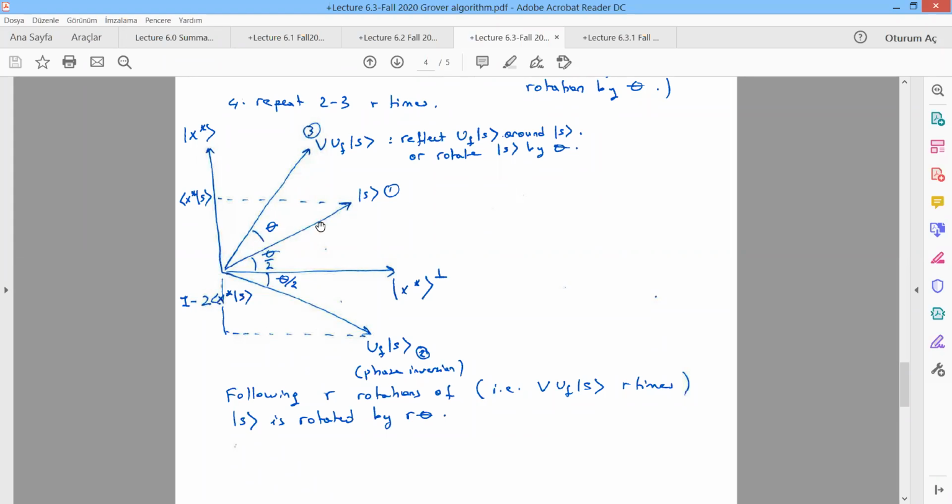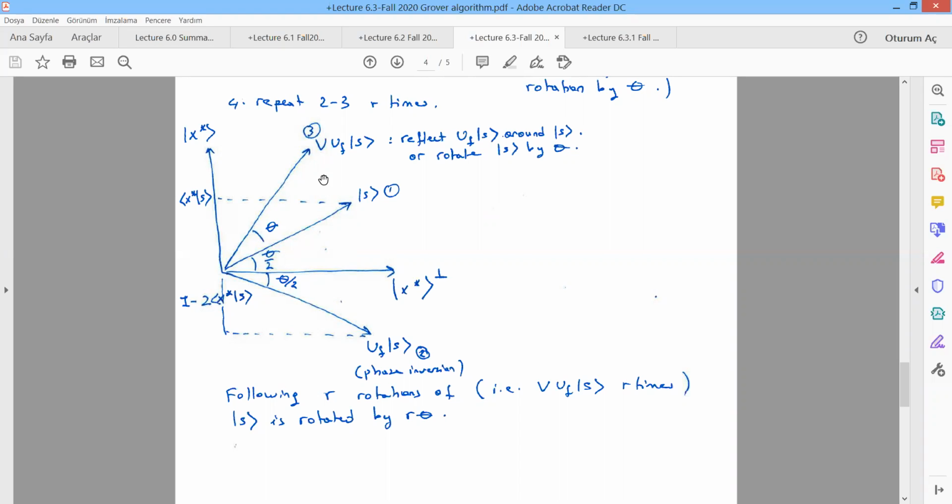It starts with ket S, and first you apply phase inversion U sub f on ket S. So that's a reflection around this ket x star perpendicular.